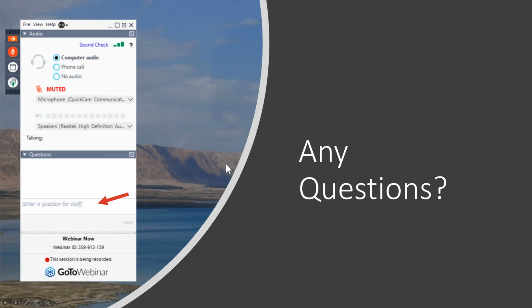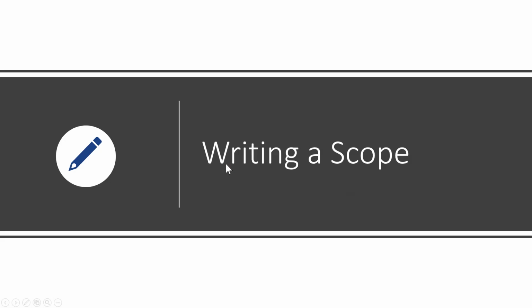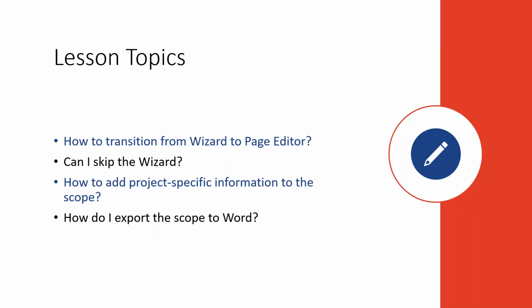So the next part that we're going to talk about is actually writing the scope and editing what we just created. So I'm going to go over a little bit about the transition from the wizard to the page editor. And one question that has come up in the past before is, can I skip it? And the answer is yes. There's a toggle at the top that even at the very beginning, you can toggle.